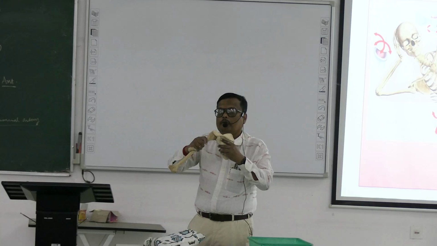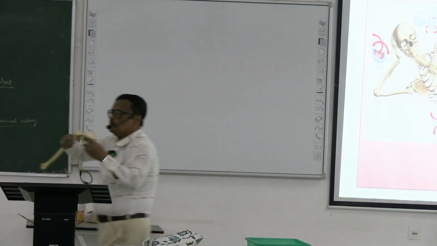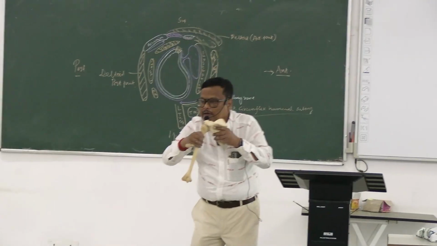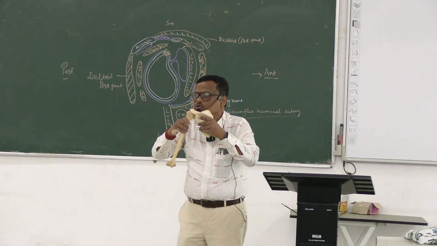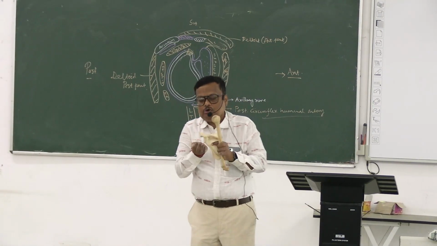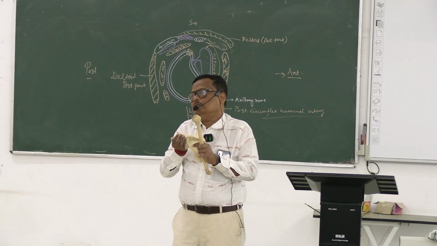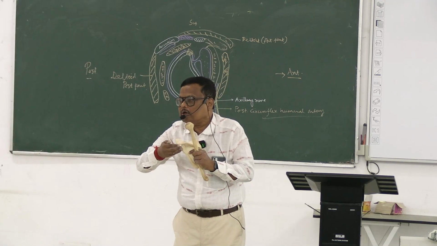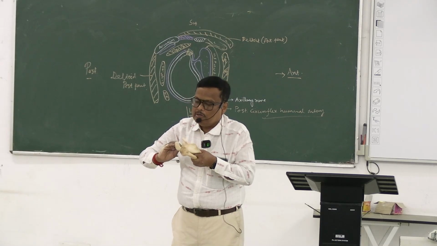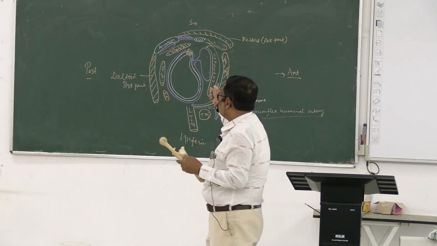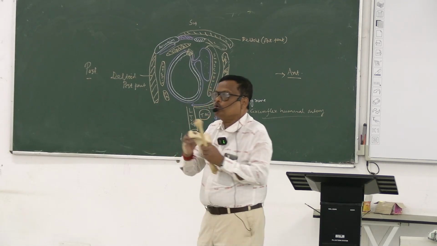So I have already told you in the last class, what is the commonest site of dislocation initially? Inferior side. Inferior dislocation is common because it is not well protected by the muscles. Anteriorly it is well protected by the rotator cuff, posteriorly rotator cuff, and above there is the supraspinatus and coracoacromial arch.